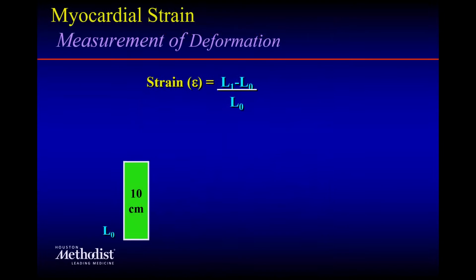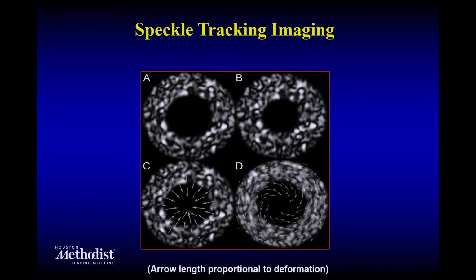Why? Because with Doppler, and we'll talk about that a little later, there's always an angulation issue. So if the myocardium is, let's say, in the apex and you're imaging from the apex, you're not going to have a frequency shift. And comes speckle tracking, because now we're angle independent.